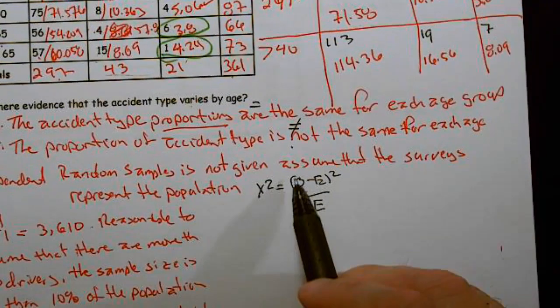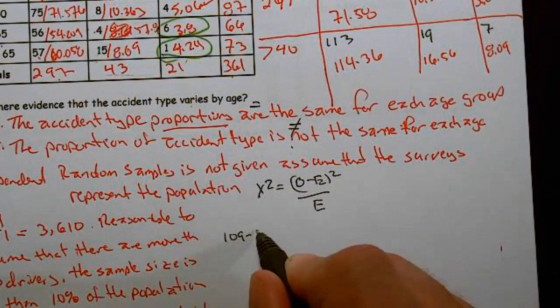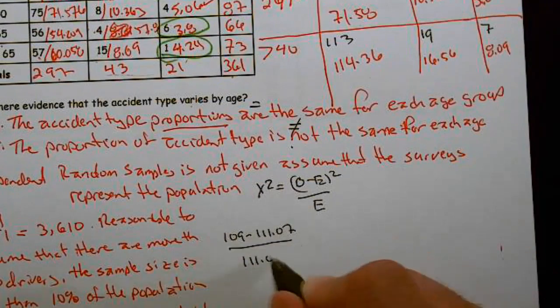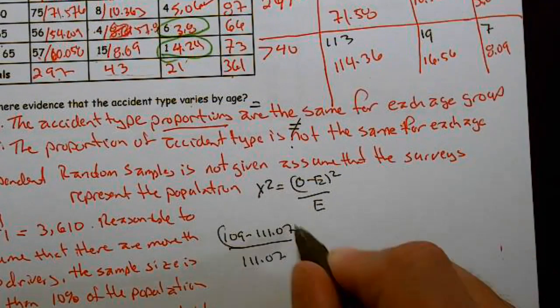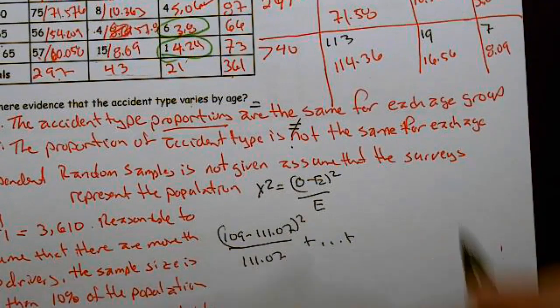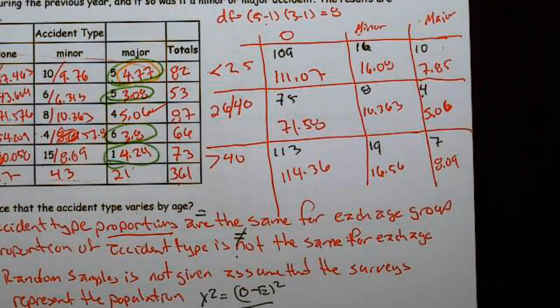And in this case, the first one is 109 minus 111.07 over 111.07. That's squared. Don't forget to do that. They will ding you for that. And that came from here. The next one is going to be 7 minus 8.09.